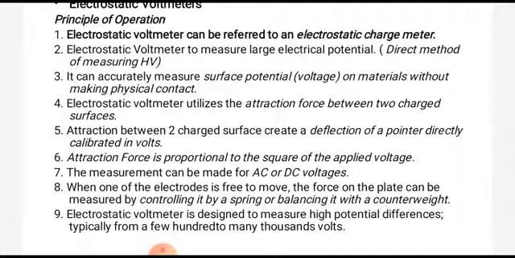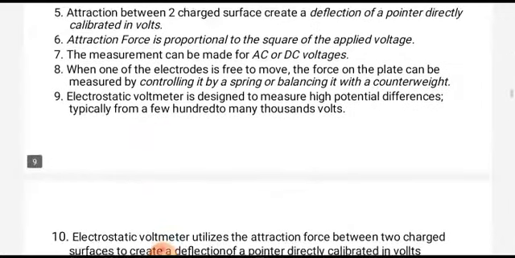Now, when one of the electrodes is free to move, the force on the plate can be measured by controlling it with a spring or balancing it with some counterweight. It is designed to measure high potential differences, typically from a few hundred to many thousand volts.